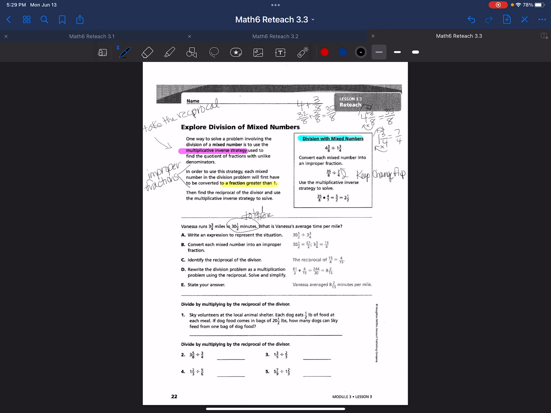Next, you need to convert each mixed number into an improper fraction. So again, I'm taking 2 times 30 is 60 plus 1 is 61 halves. And then I take 3 times 4 is 12 plus 3 is 15/4.